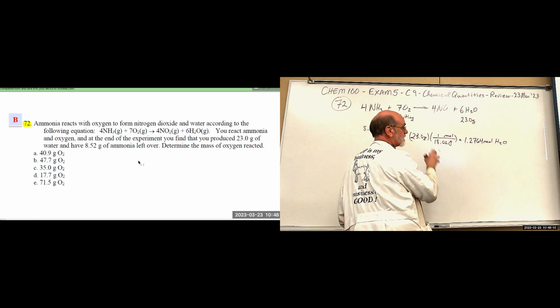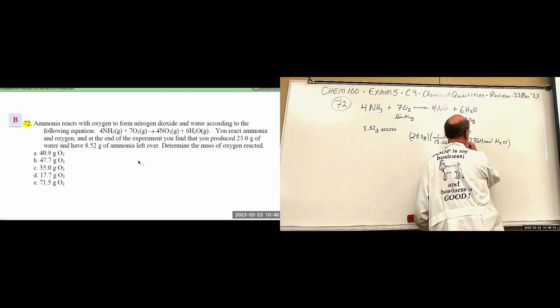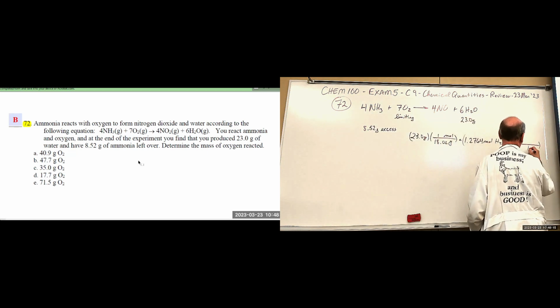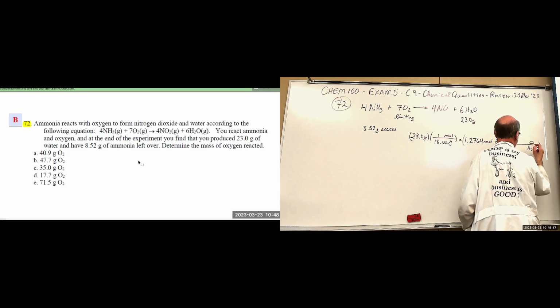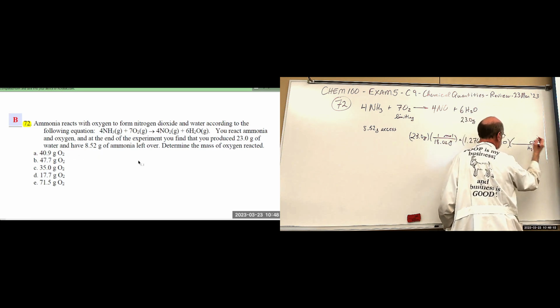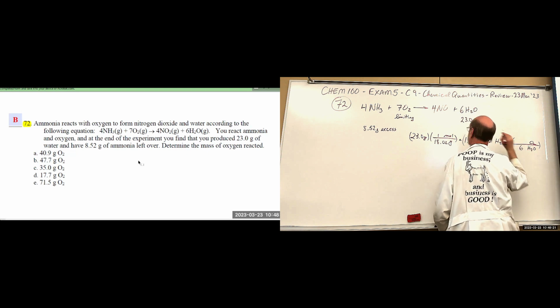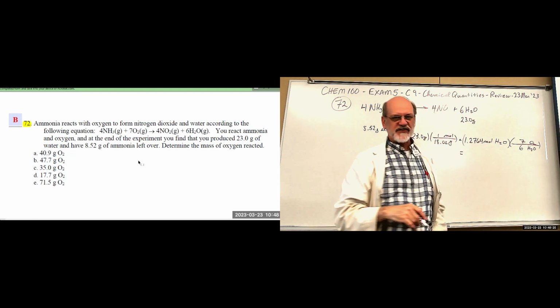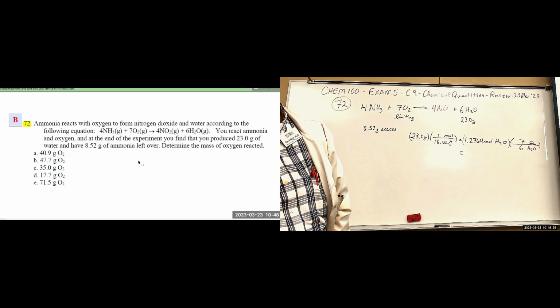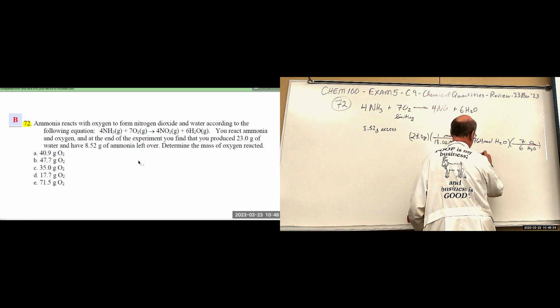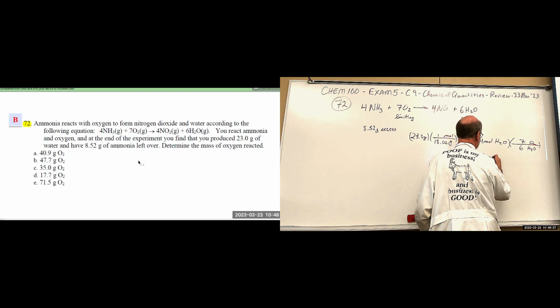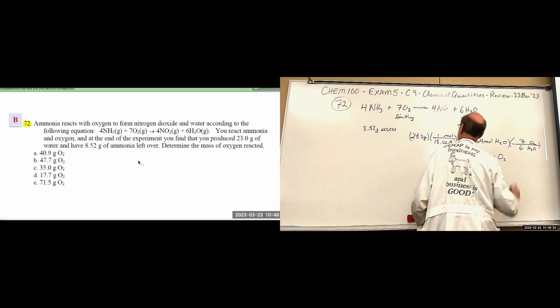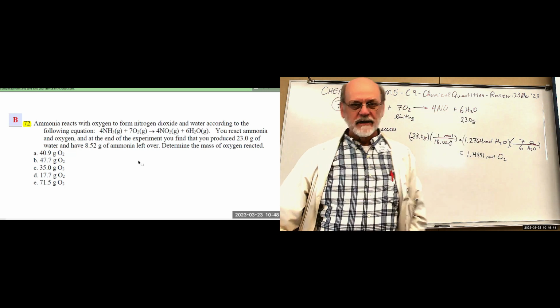Now we're going to convert that to oxygen. Water here, oxygen there. This is 6 waters and 7 oxygens. So 7/6 of that value. 1.4891 moles of oxygen were required.